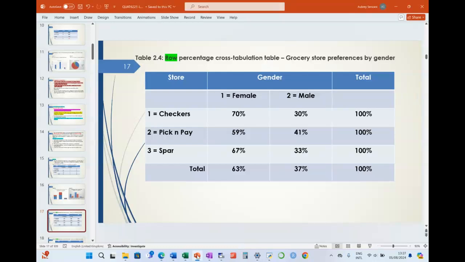Now remember we saw that Pick n Pay had the most preferences, it was the top preference for customers for a grocery store. And here already, what trends can you see? Between males and females, hint, hint.